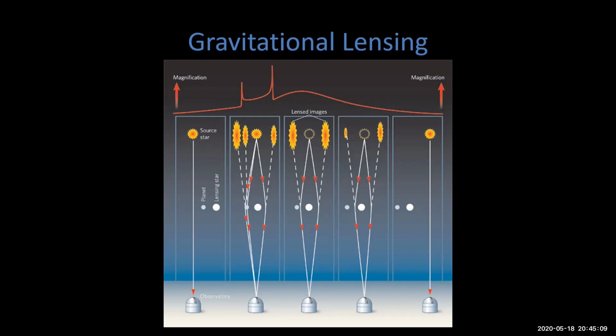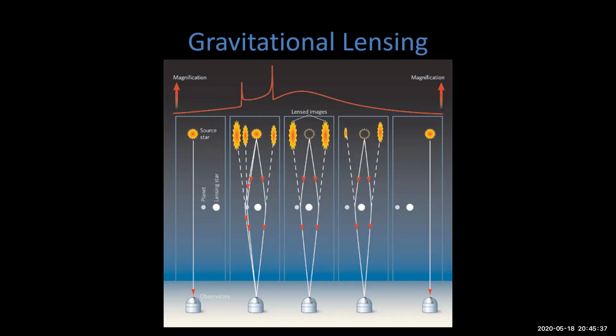So you get an enhancement in the amount of light that reaches us, the observer. And so again, this requires stars to align. So the idea is that there's some background star, and if you measured the light of just that background star, you would get a strange light curve if there was a star in the foreground that had a planet.